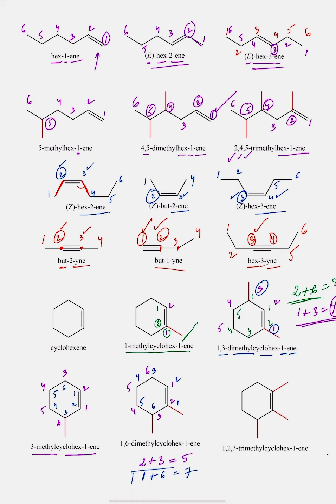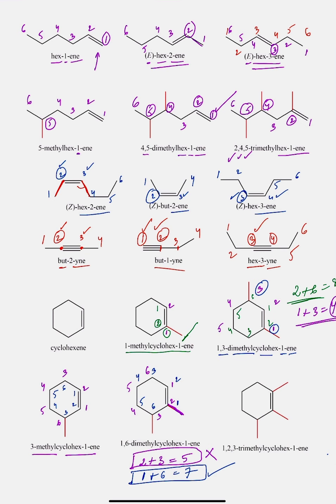But it turns out that this blue numbering is correct and purple numbering is wrong. Now, why is this situation arising? Even if the purple numbering is giving you the lowest sum and the blue not, blue is correct and purple is wrong. Because when you have a substituent on one of the carbons that shares the double bond, it must get number 1 or the locant 1.